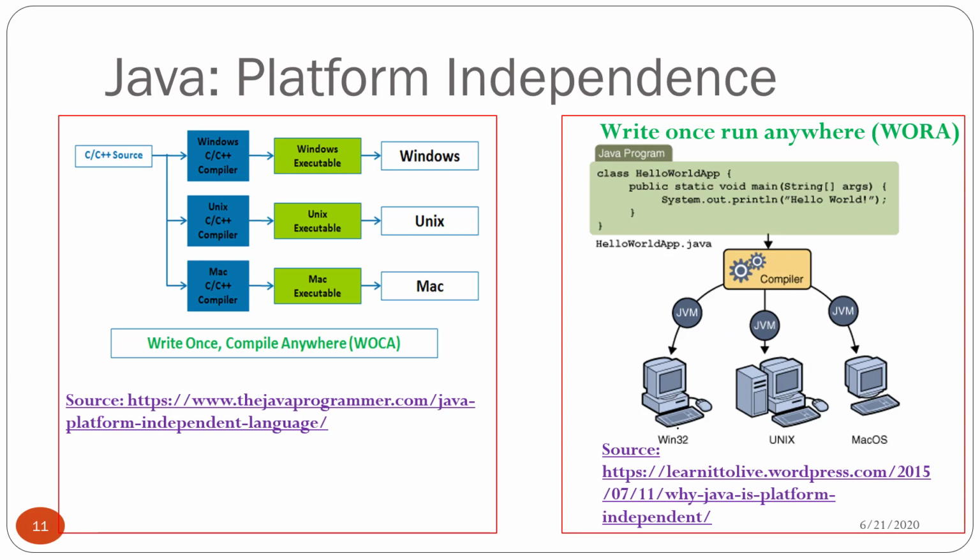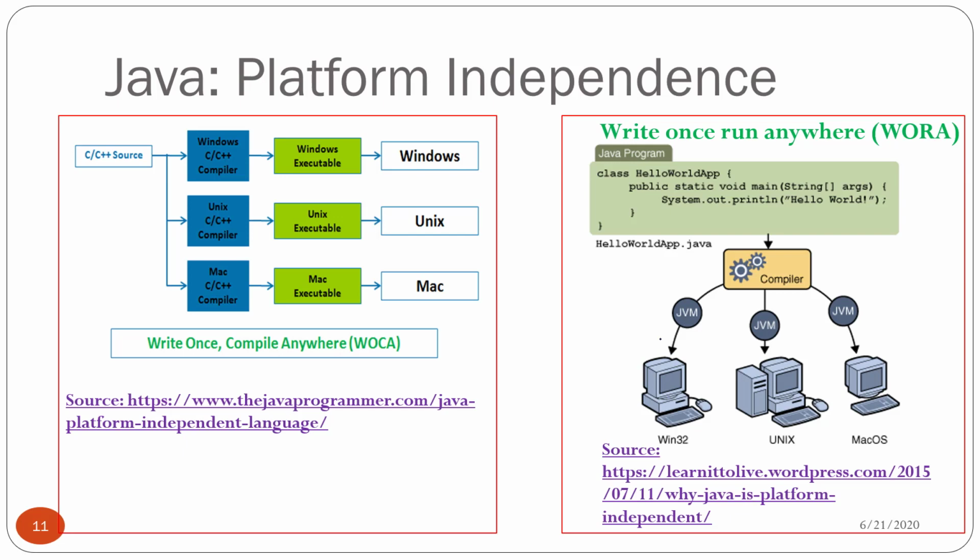if you have JVMs running on different kinds of operating systems, then we don't have a problem at all, because now it's the responsibility of the JVM to convert the bytecodes to executables compatible with the operating system.